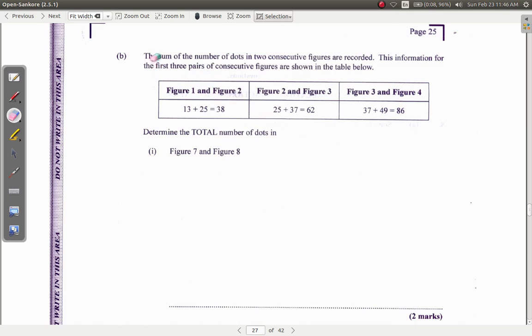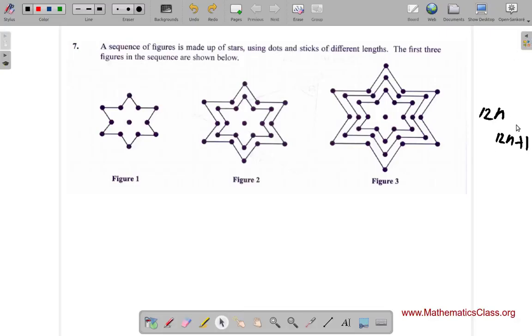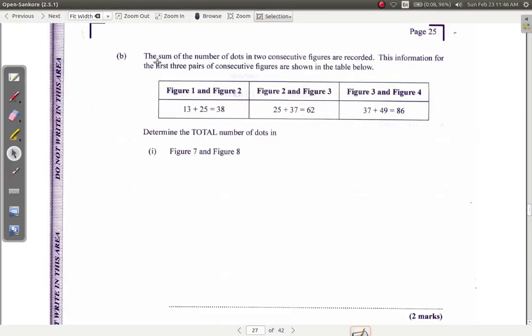Now part B says this, and remember I had written down formulas to get the number of ticks and the number of dots here. Part B says the sum of the number of dots in 2 consecutive figures are recorded. Okay, figure 1 and figure 2, you added 13 to 25 and get 38.